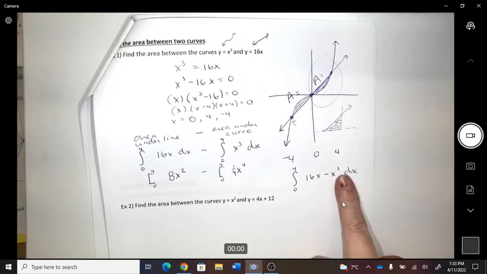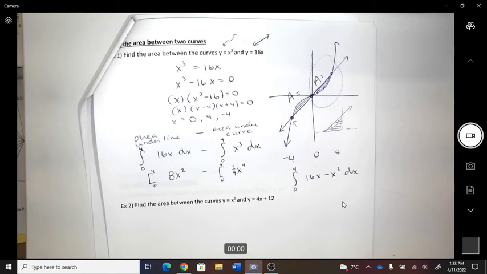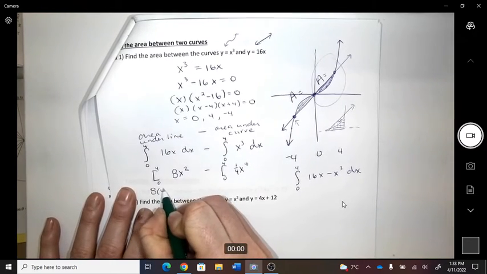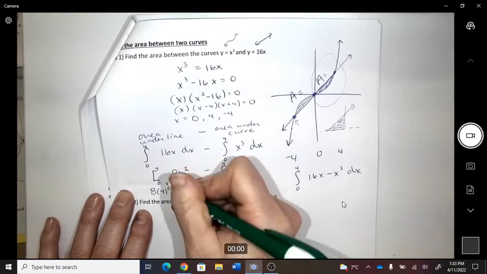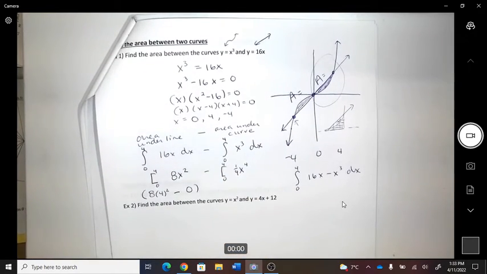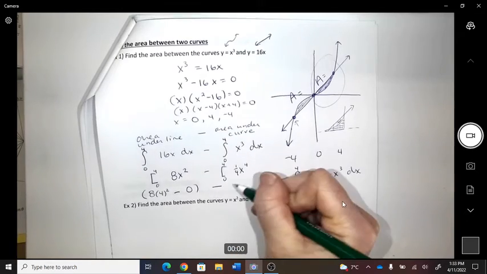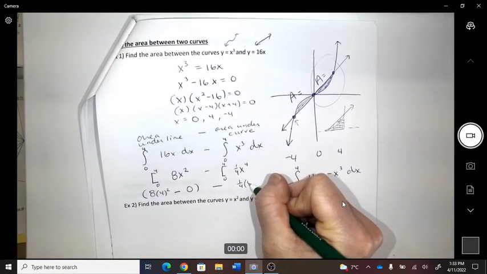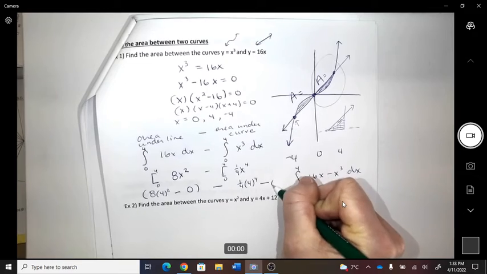And again, if you had done it this way, you can keep going that way, that's fine. Okay, 8 times 4 squared, subtract 0, right, when I plug in the 0. And then here, plug in a 4, plug in a 0.